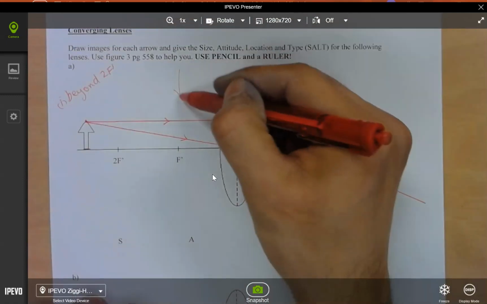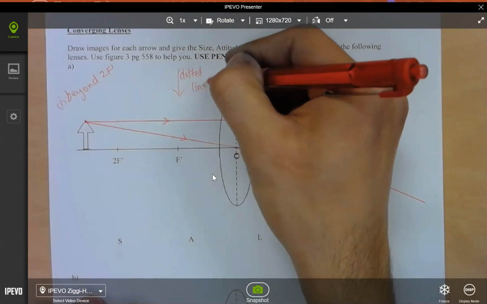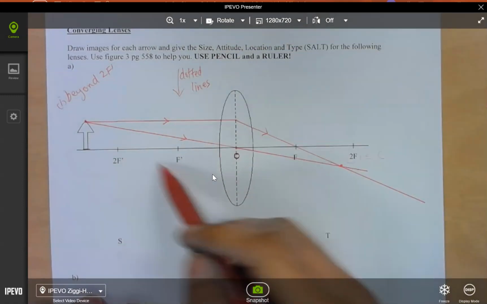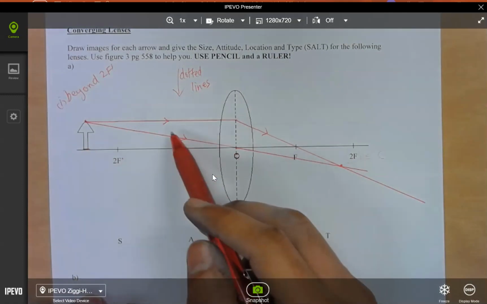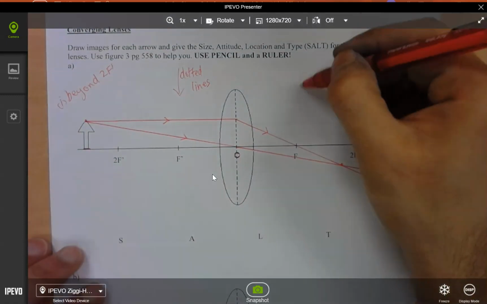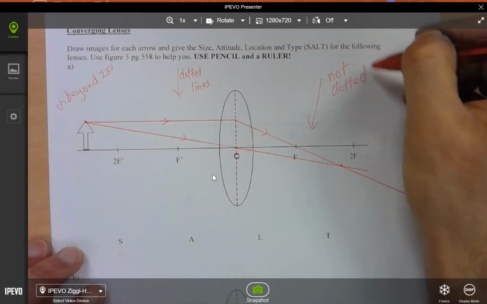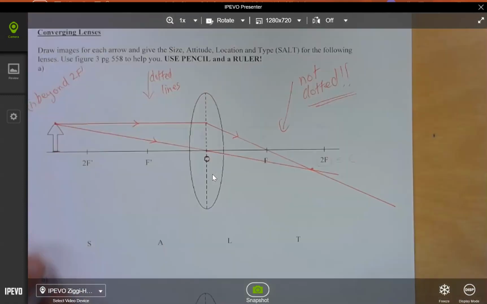Dotted lines exist on this side, so this is where you'd be drawing dotted lines, because this is imaginary light, if you had to extend these rays back. We'll get to where we're drawing dotted lines later. These are not dotted lines, they're solid lines. You draw real lines because that's actual light passing through the lens and coming out on the other side. Is that okay?